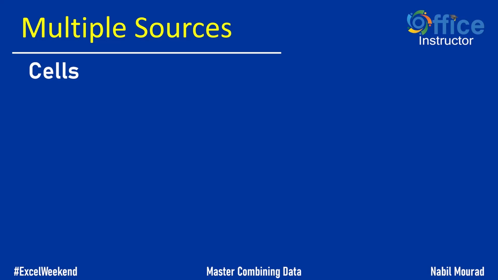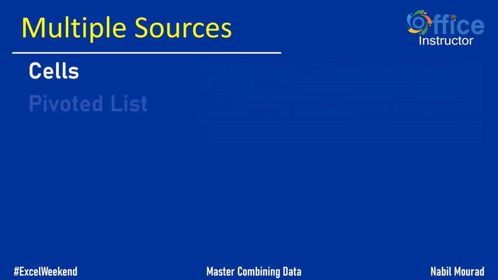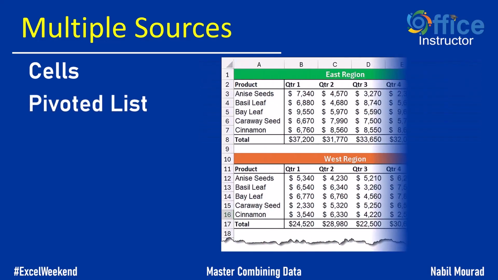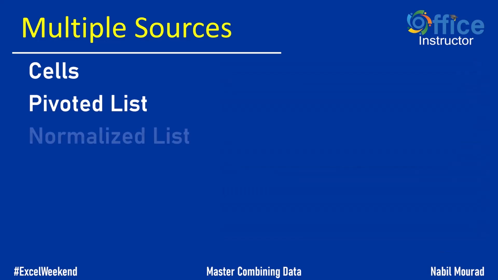I start with multiple sources. At the most basic level, we may combine data in different cells, and we can do that by using a concat function, a text join function, or even flash fill. We can also combine sets of pivoted data, having same column headers and same row headers.